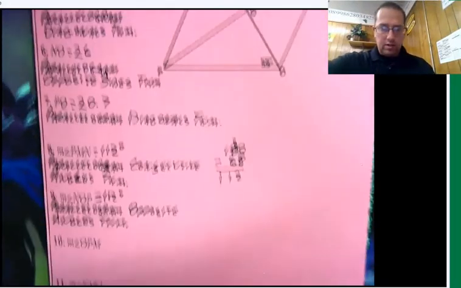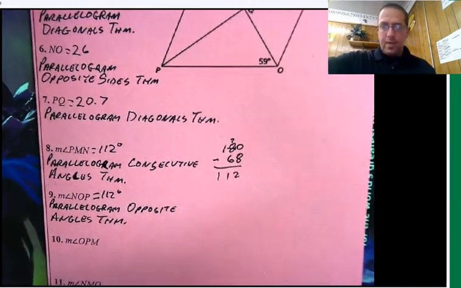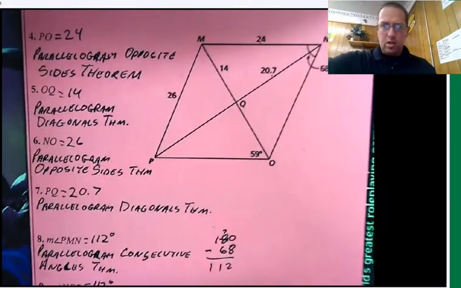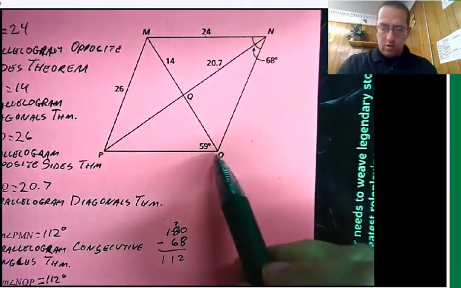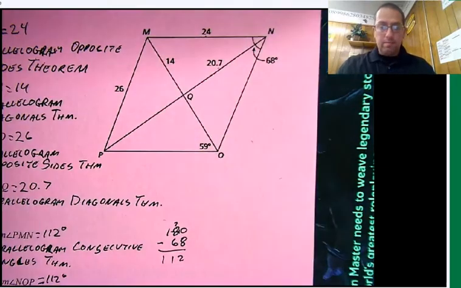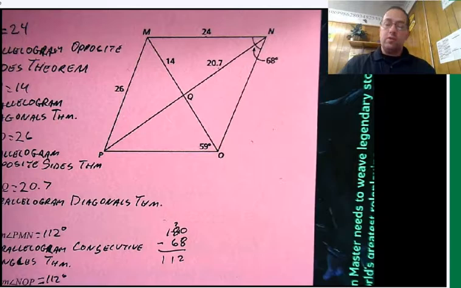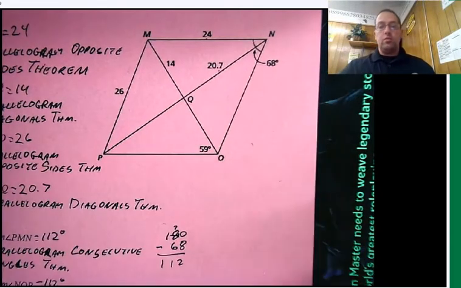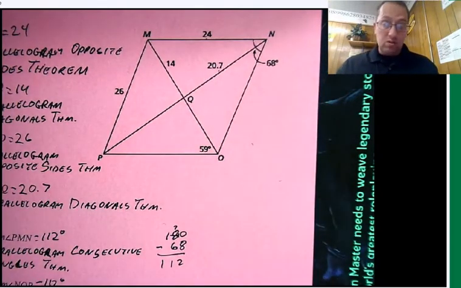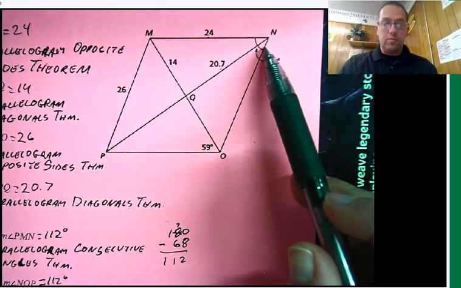All right, let's see. What's the next question down here? Number 10, the measure of angle OPM. Well, it is going to be congruent to the opposite angle or supplementary to the consecutive angle. Which one's easier? Which one can we use? Well, we do have an opposite angle right here.